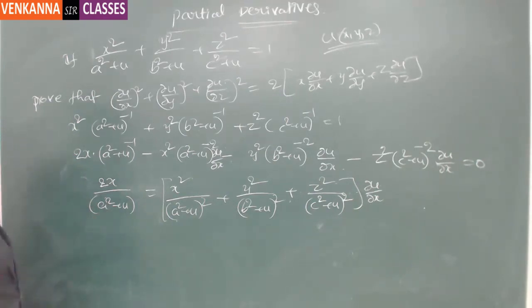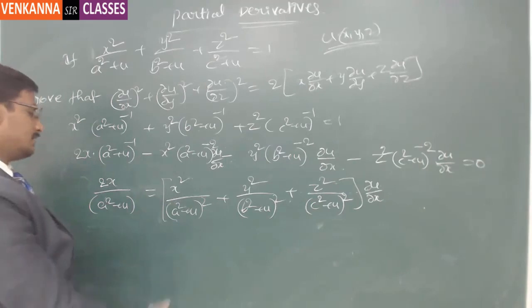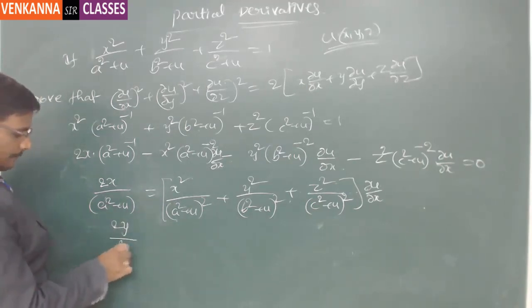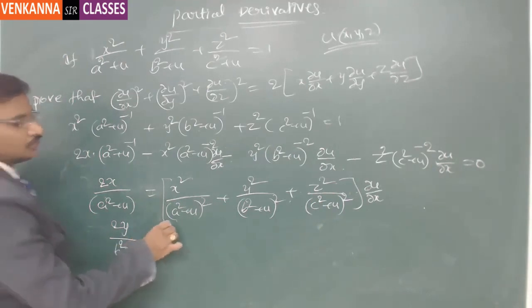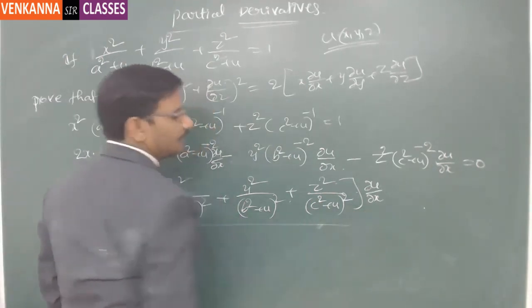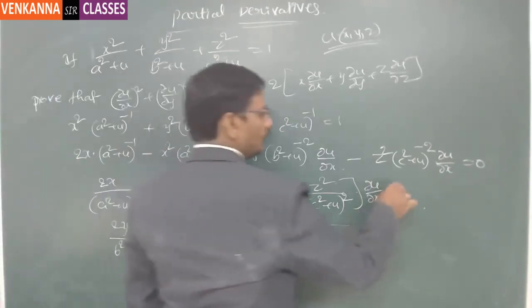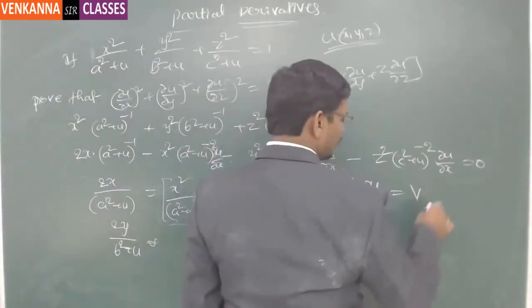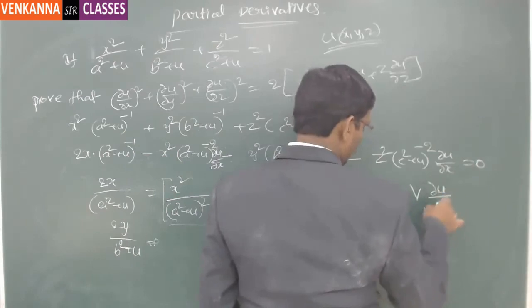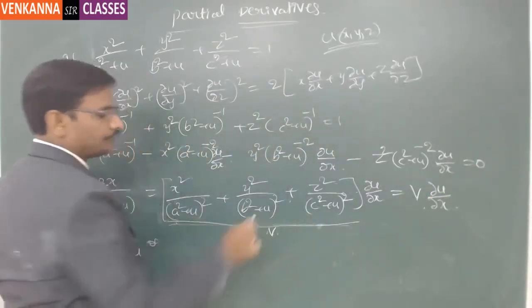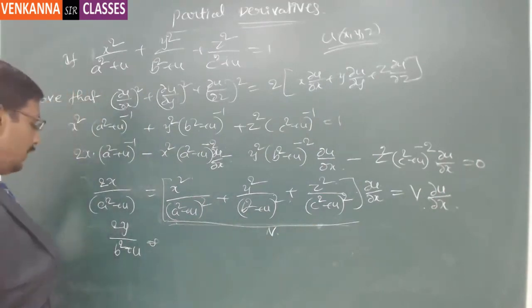Right? So once you understand this, now in exactly the similar manner, 2y by (b²+u) should be equal to the same thing repeated with ∂u/∂y. I'll just call this entire thing v. So v ∂u/∂x.